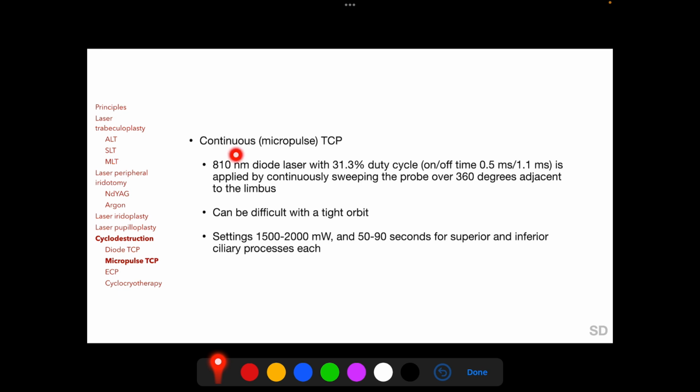In the continuous or micropulse TCP method, an 810 nanometer diode laser with 31.3% duty cycle, that is having sequential on periods and off periods of 0.5 millisecond and 1.1 millisecond respectively, is applied by continuously sweeping the probe in the perilimbal area circumferentially around 360 degrees.